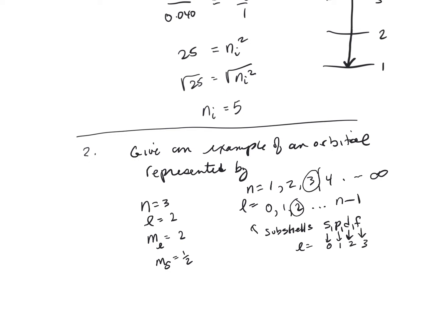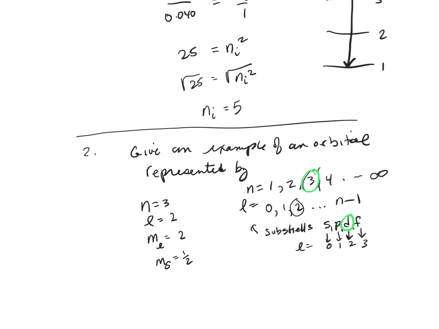The L values, all right? The L value says something about the shape and the type of orbital. Okay, so you can have a P subshell. You got 3 P orbitals within a P subshell, for example. All right, and then, so this is saying so far that we have a 3D, right, orbital, 3D, or 3D subshell.